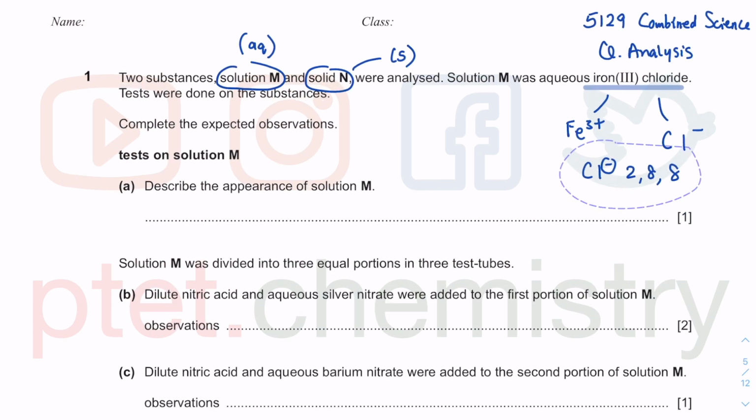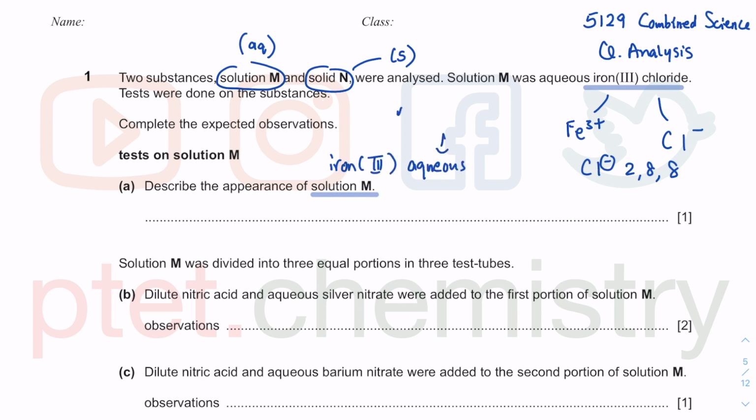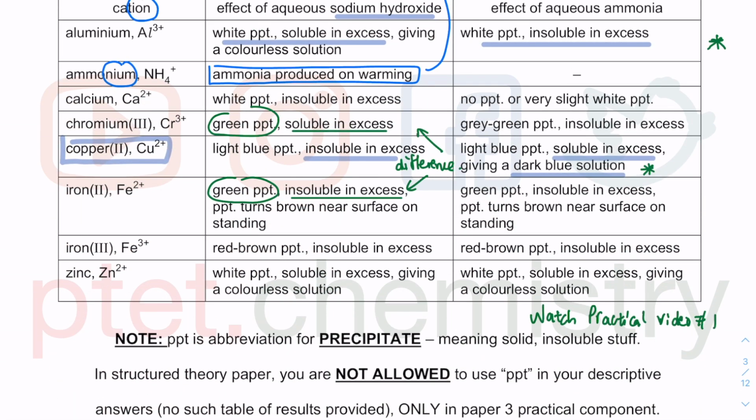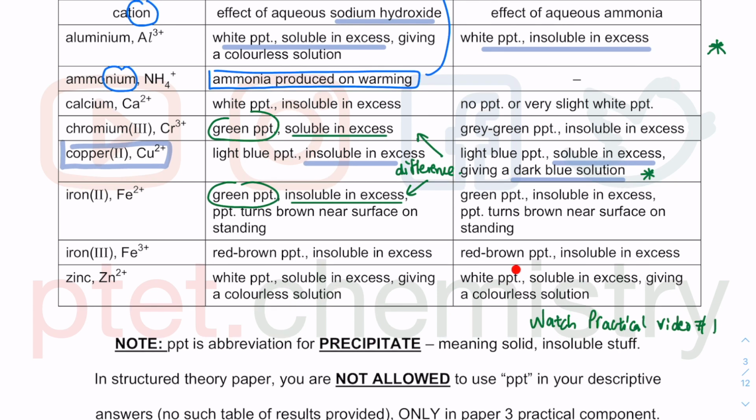We are going to describe the appearance of solution M. So this is the color of iron(III) aqueous. I must emphasize that this is aqueous and not the precipitate, not the solid, as a lot of students, when they see iron(III), would just want to straight away say red-brown ppt, because you know this is in the table.